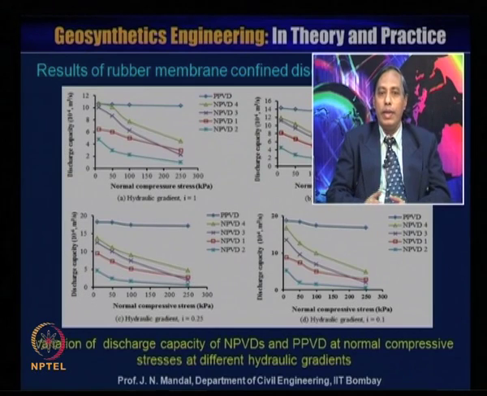If the hydraulic gradient is high, your discharge capacity will also be high, but it should obey Darcy's law. It should be in the laminar flow condition, not the turbulent flow condition.